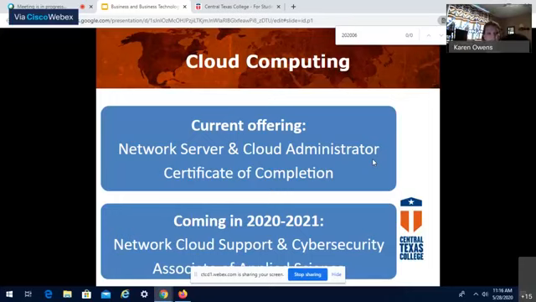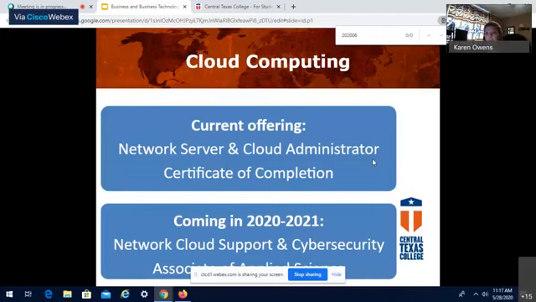So here's how the college credit works. We have the network cloud support and cybersecurity associate of applied science. These are fully stackable, and they focus on implementing, maintaining, and delivering cloud technologies, including the network, storage, and virtualization of those cloud technologies, and creating cloud solutions.